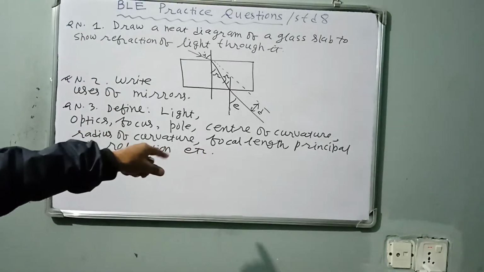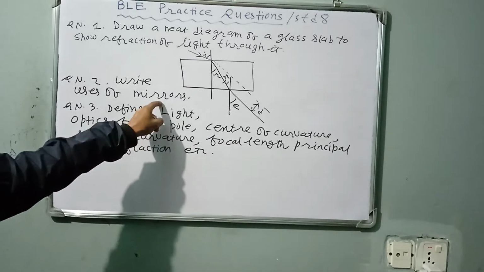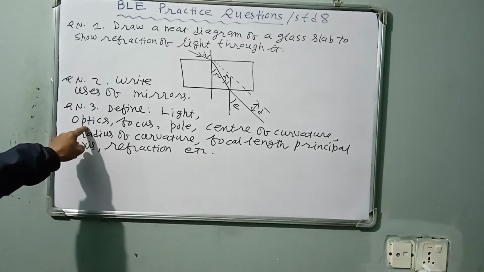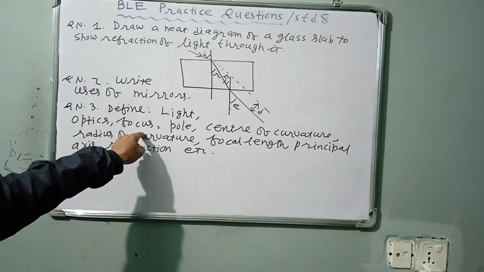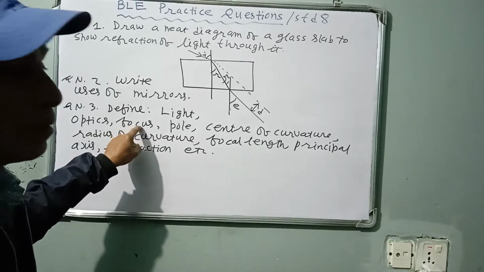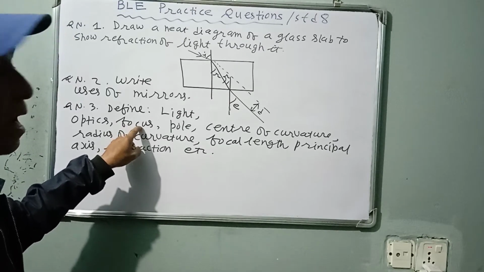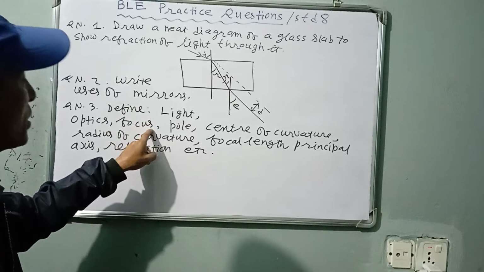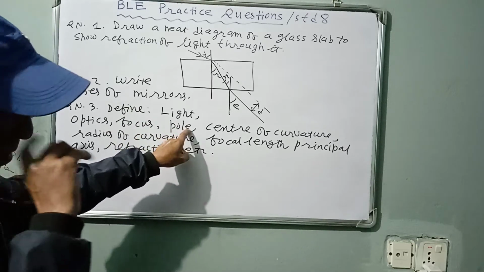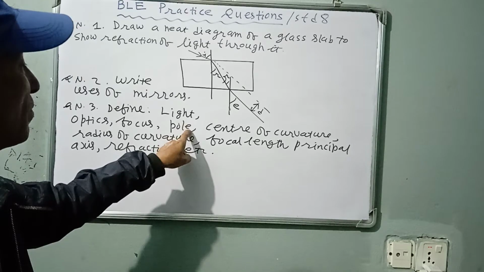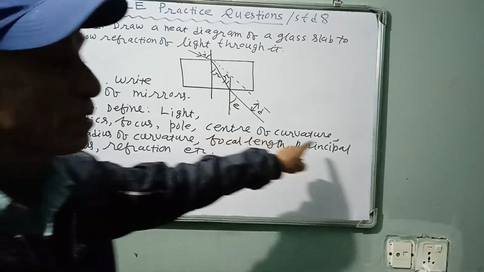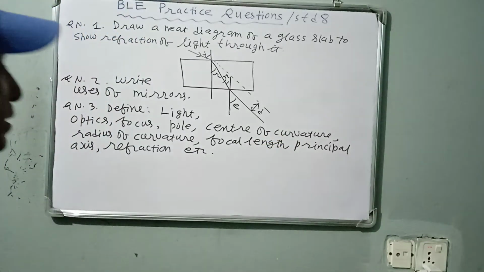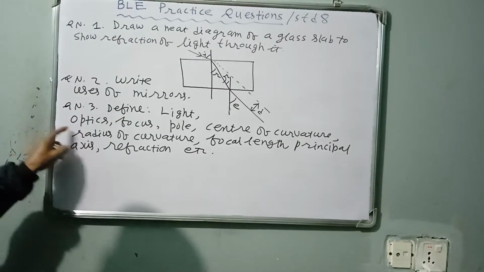Define the following terms: light, a form of energy which gives the sensation of sight; optics, the study of light; focus is the point at which the parallel rays of light after reflection either meet or seem to diverge. Pole, central point of the reflecting surface. Center of curvature, it is the center of that sphere of which the mirror forms a part.